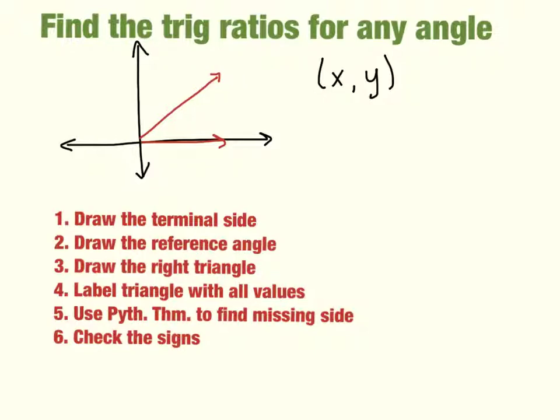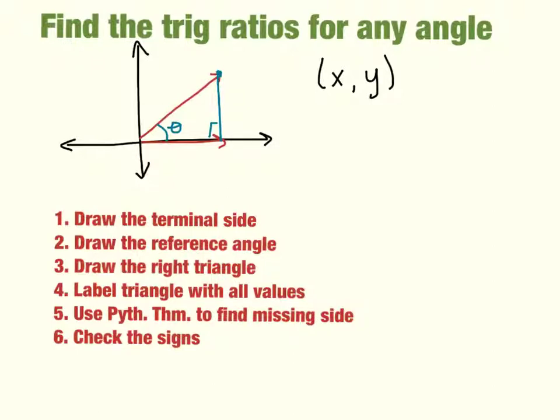So I've got my terminal side drawn, and then this would be my reference angle, the angle that got me back to the x-axis. Okay, so this is the theta that we're going to be talking about. I can use this ray to draw a right triangle. And now, the point at the end of this angle is some x and y coordinate.